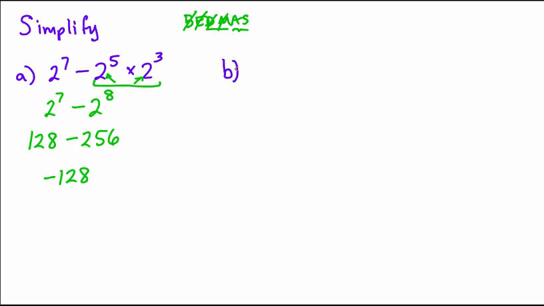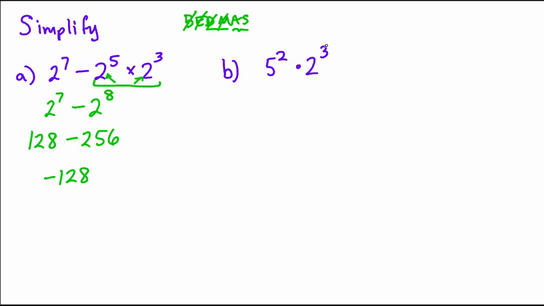Here's a second example, 5 squared times 2 cubed. Now, I see a lot of the times people just start trying to apply the exponent rules. Well, one of the key things about the exponent rules is the bases have to be the same, and in this case, they're not. So none of the exponent rules can be used for it.